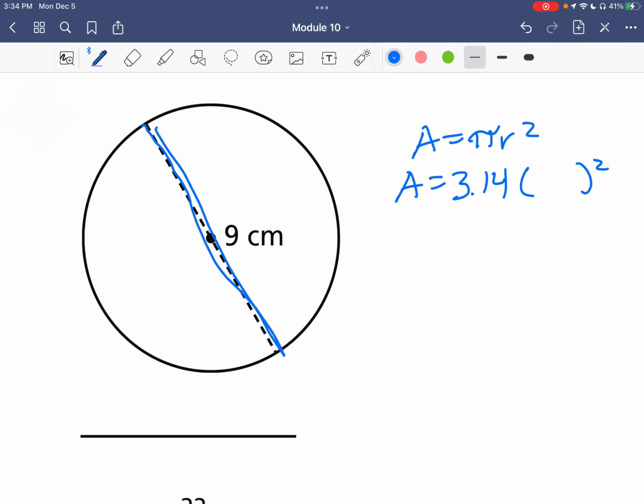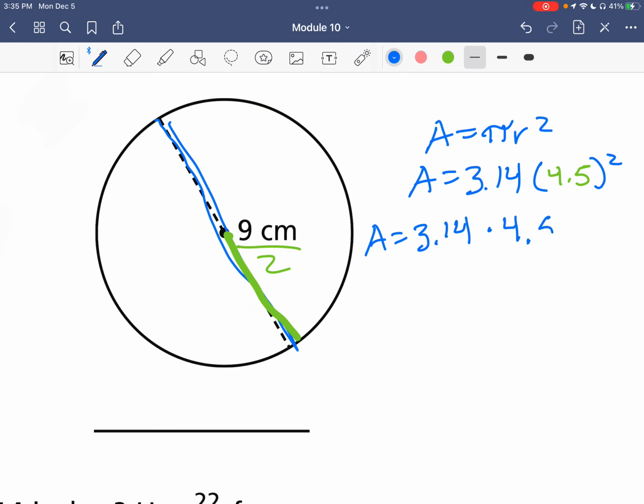Now to expand that, 3.14 times 4.5 times another 4.5. Multiply that out. Be very careful with those decimals. Unpause the video when you have your answer. And don't forget your units.